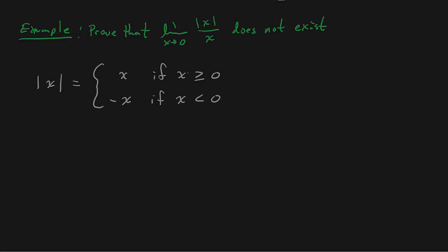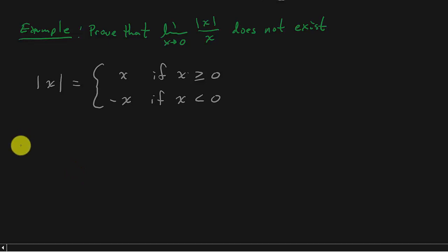All right, so let's go ahead. We've got the limit as x goes to 0, and let's go in from the right of this. Okay, so this is equal to the limit as x goes to 0 from the right. So this is going to be what? The absolute value of x is equal to what?